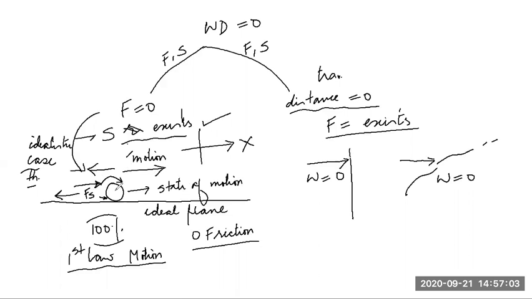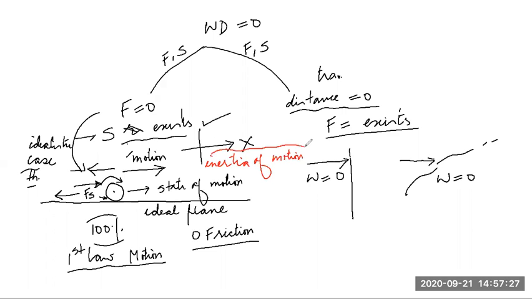Any student can tell me why the body is moving, what is compelling the body to move? Nobody? So that is defined in the first law of motion. What is the driving factor for the body? It is the inertia of motion.